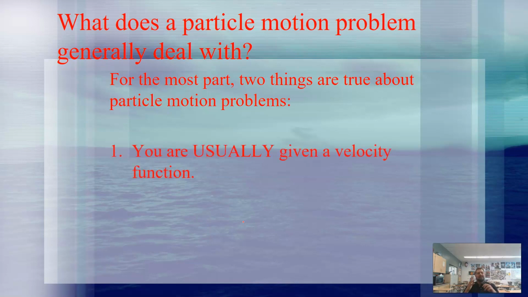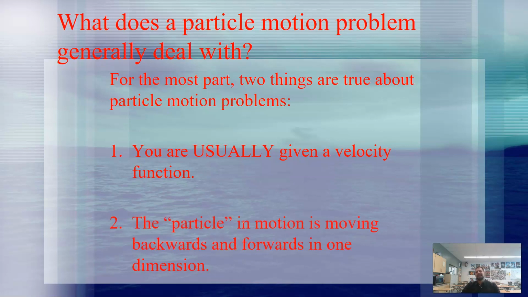So what happens in these particle motion problems is two things. First of all, we're dealing with a little teeny tiny dot, if you will, moving backwards and forwards across something. And you're usually given a velocity function in these problems. Not always, but I would say probably 95% of the time you are given a velocity function when you look at these problems.